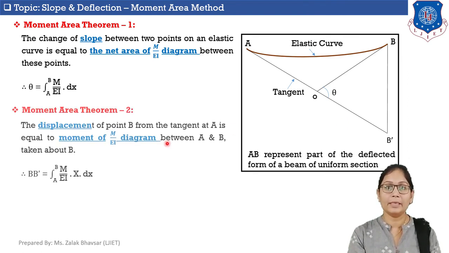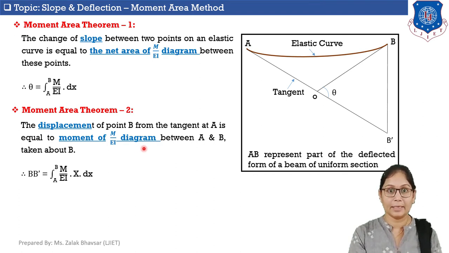Now, moment area theorem 2. It states that the displacement of point B from the tangent at A is equal to the moment of the M upon EI diagram between points A and B taken about B. And here is the equation for theorem 2.